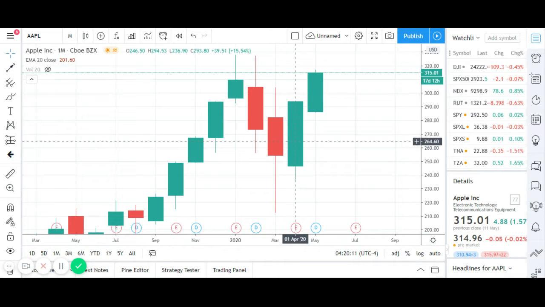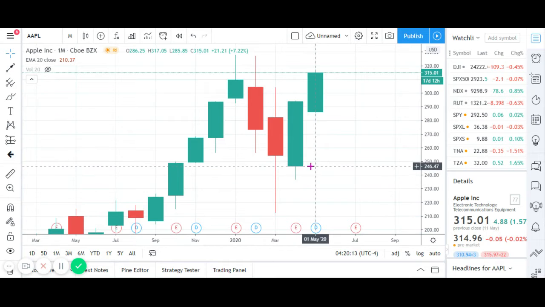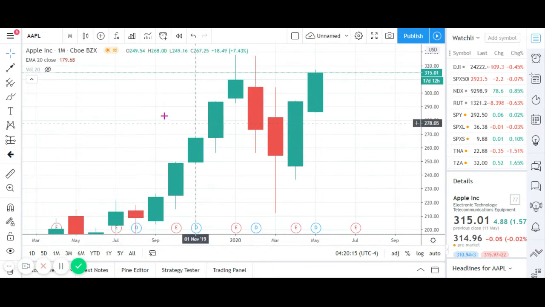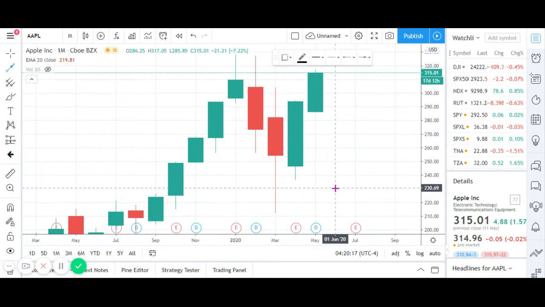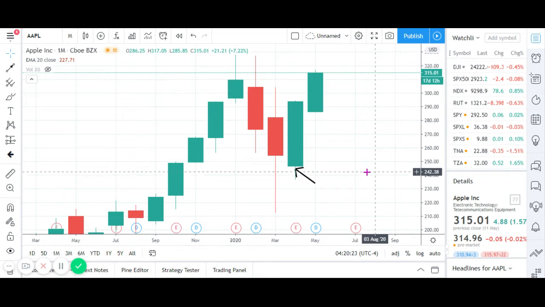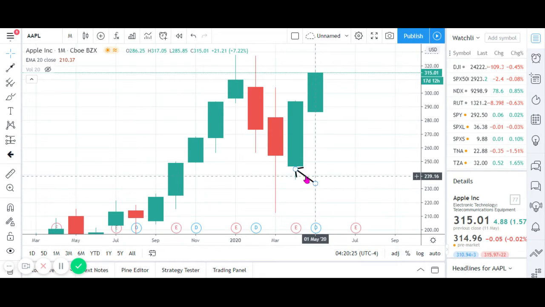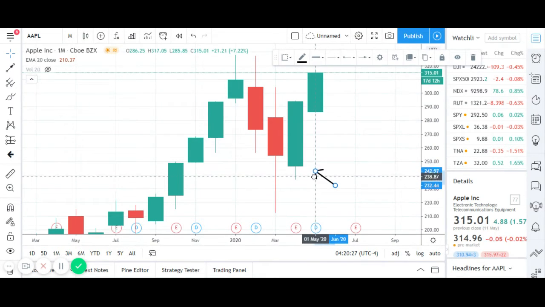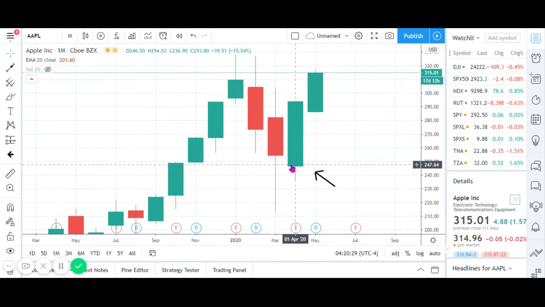All right. So if we look at the bottom of the chart, this is where it opened, okay? The solid green part is where it opened at. So right across this line is the open. So that's about 246.